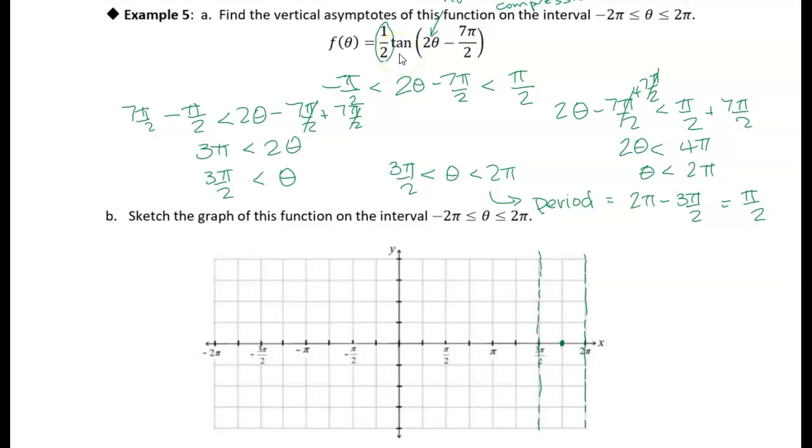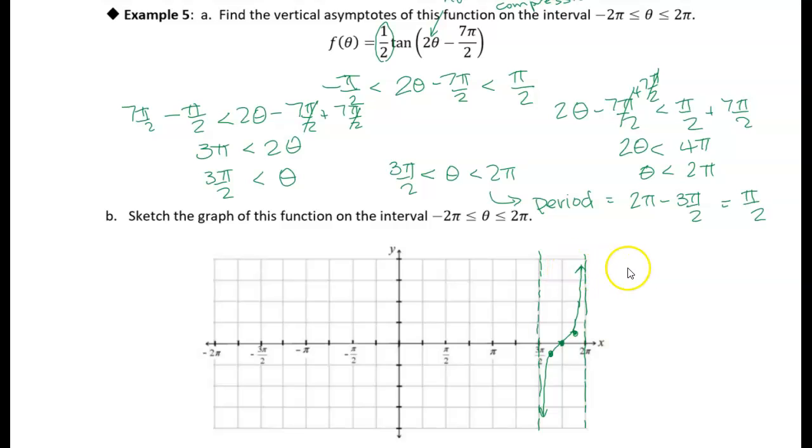So rather than passing halfway between the middle and the asymptotes through 1 and minus 1, it's going to pass through 1/2 and minus 1/2. Okay, so one cycle of my tangent is going to look like this. It's going to look like that.